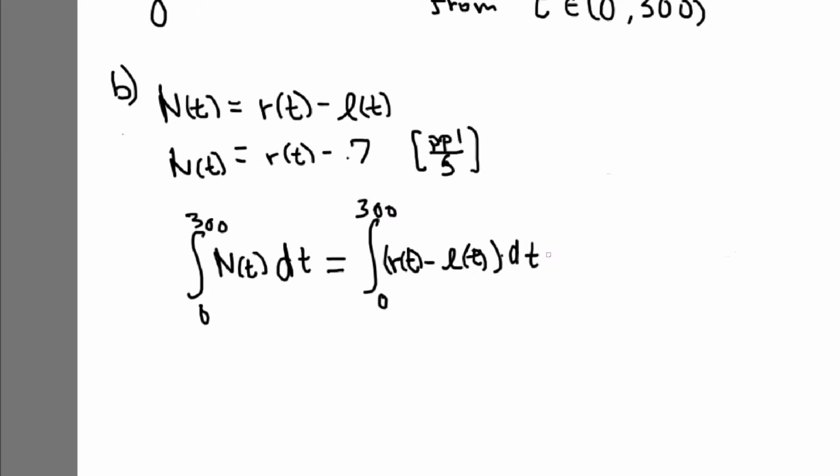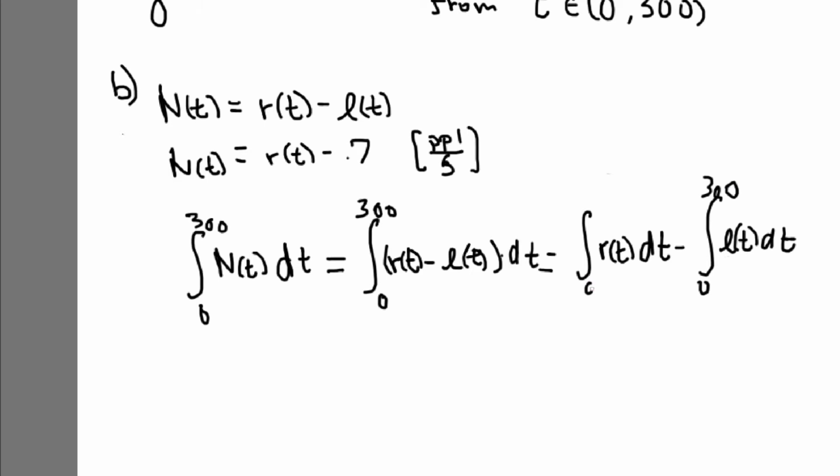And since integration has a property called linearity, you are allowed to make this statement that this equals the integral of R of t dt minus the integral of L of t dt, from 0 to 300.